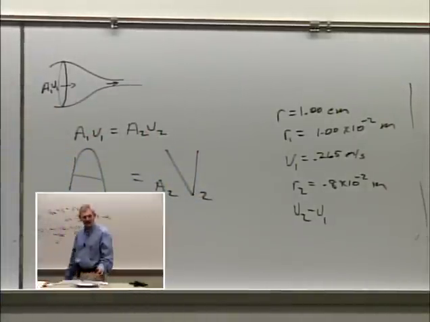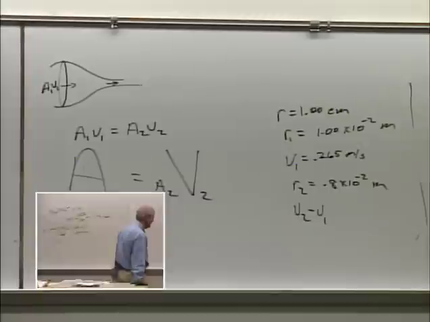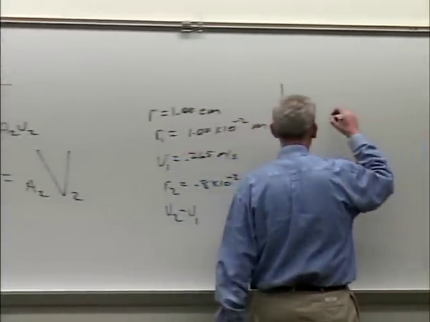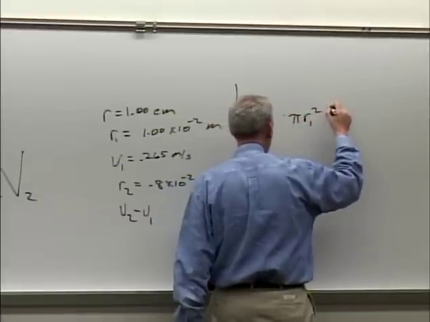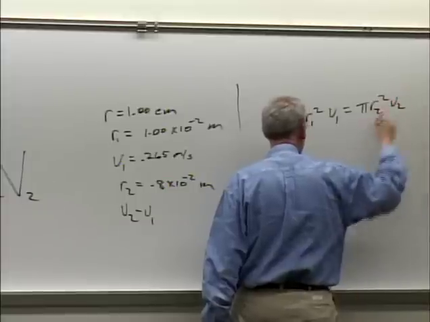Because when I did this problem, I was like, oh, this is easy. V2 equals, because I just set it up, okay, the pi's will cancel. Because basically you get pi times R1 squared times V1 equals pi times R2 squared times V2.